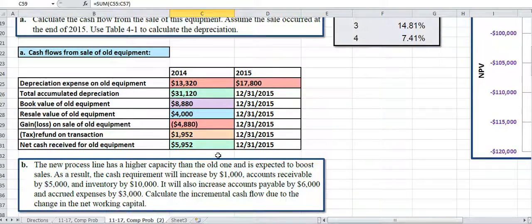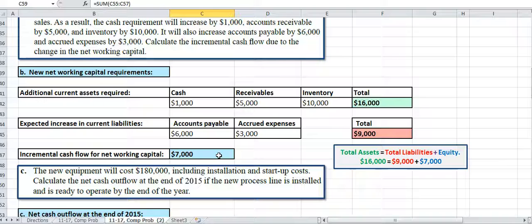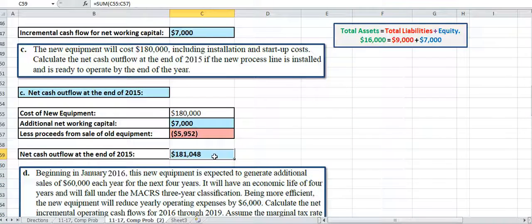When we're going to buy this new equipment, and it's going to be installed at the end of 2015, and that's going to be $181,048. Okay, so far so good.